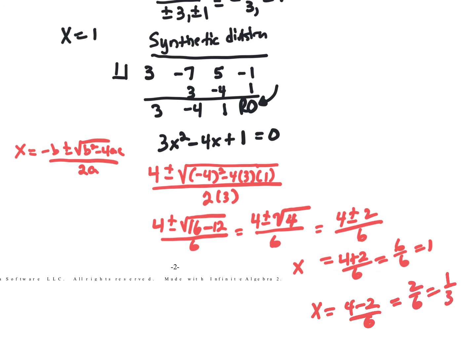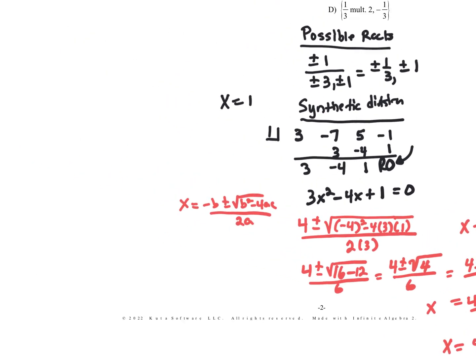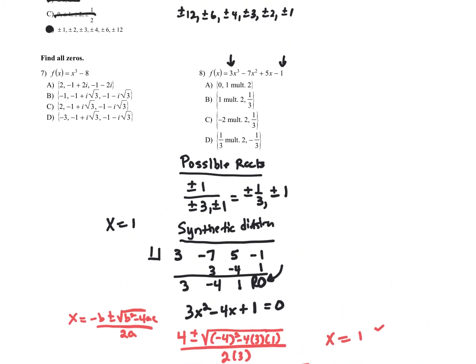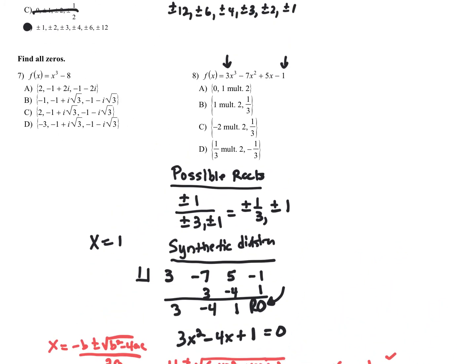So our roots are x equals 1, x equals 1. So we have a multiplicity of 2 for 1, and then we have 1/3. So if we look at our answer choices, we have a 1, and it's a multiplicity of 2, which is going to be this one here.